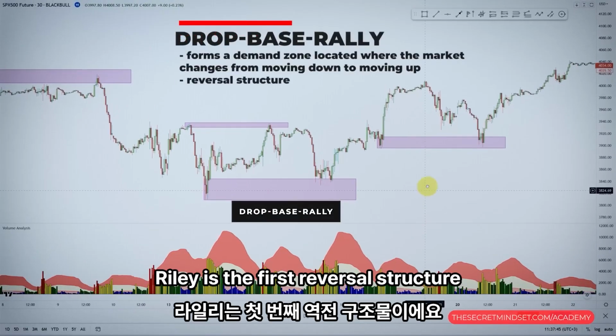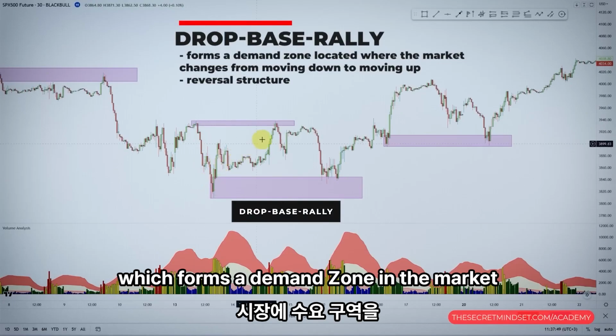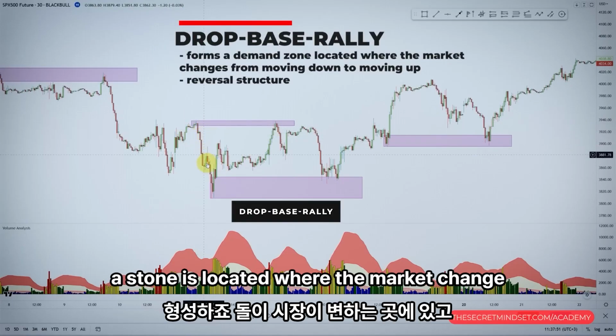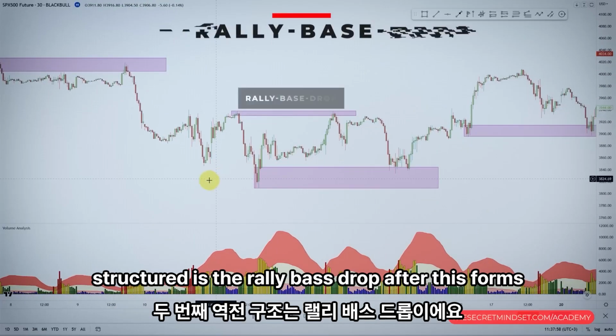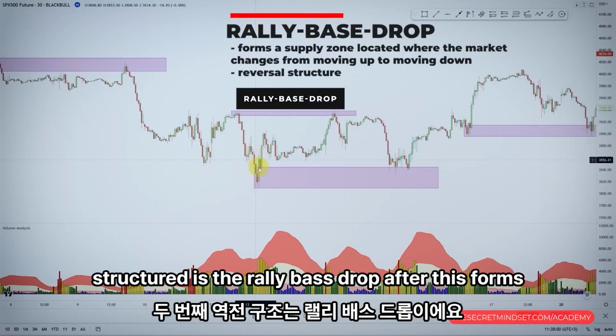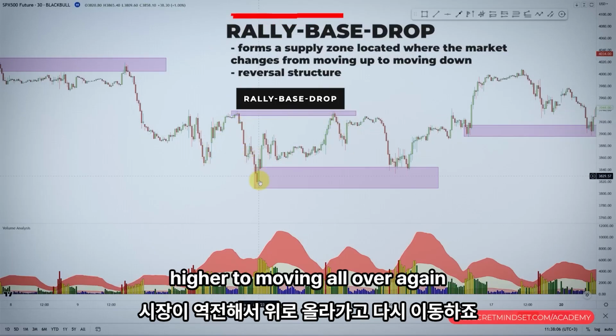The drop-based rally is the first reversal structure, which forms a demand zone in the market. This zone is located where the market changed from moving down to moving up. The second reversal structure is the rally-based drop pattern. This forms a supply zone where the market reverses from moving higher to moving lower.